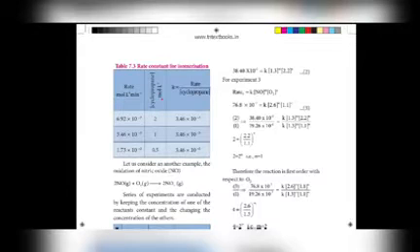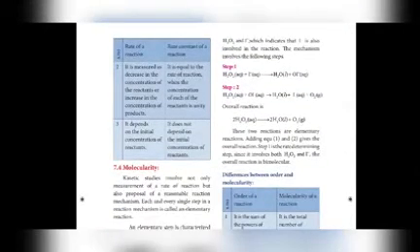See here, it does not depend on the initial concentration, because here initial concentration decreased, but the rate constant value doesn't change, because that is the constant. So rate constant doesn't change. So rate depends on the initial concentration of the reactant, and rate constant does not depend on the initial concentration of reactant. So this is also one of the important questions.